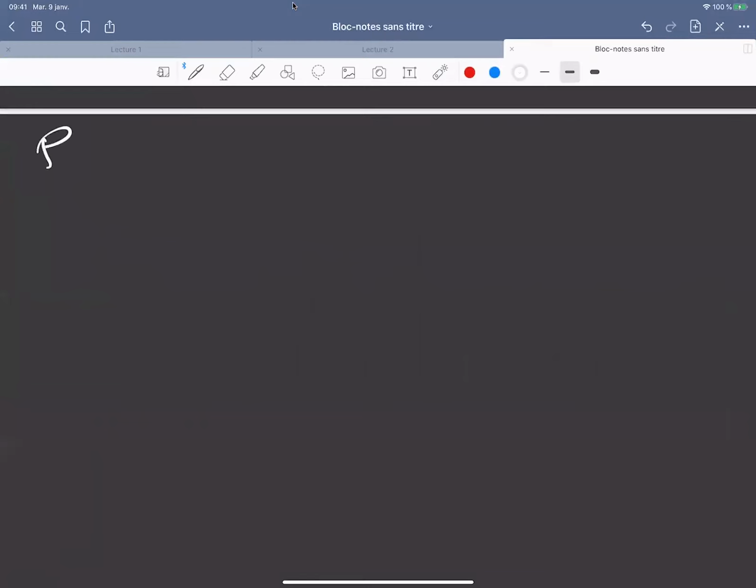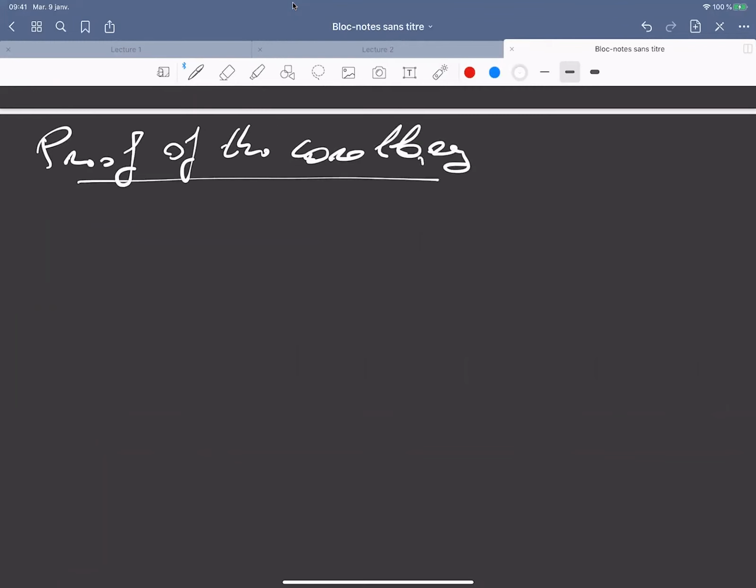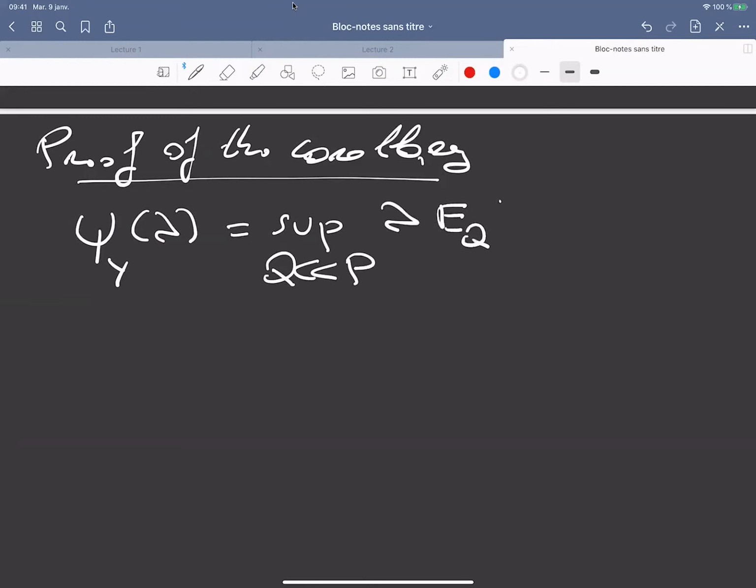So the proof of the corollary: we have to prove that psi y of lambda is equal to the sup over the q, absolutely continuous with respect to p, of lambda expectation of y under q minus the relative entropy of q with respect to p.